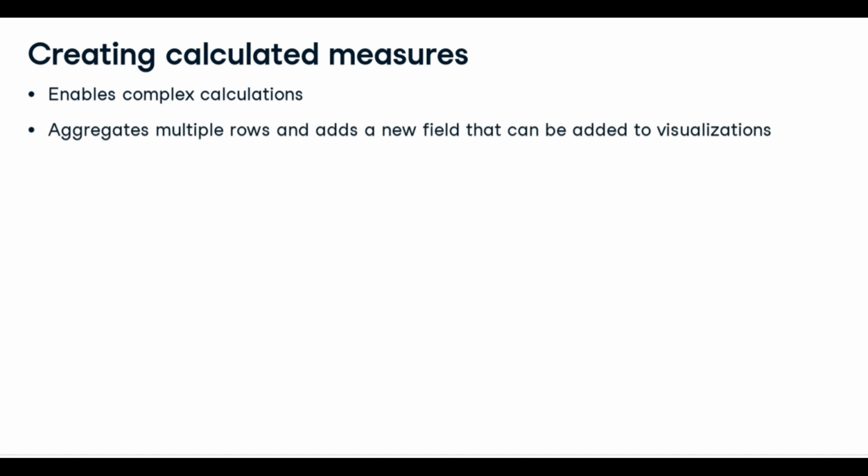Calculated measures work a bit differently. Measures enable you to create complex calculations that can be used on your data. Where columns evaluate for each row, measures aggregate multiple rows and add a new field that can be added to a visualization. The measure itself is calculated at query time rather than when the data is loaded, and therefore gets updated as you interact and filter the data.